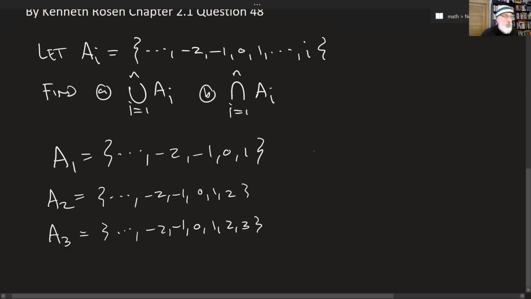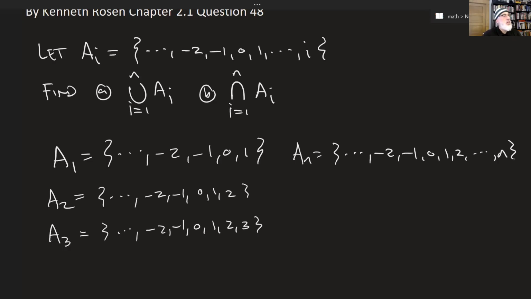And this pattern repeats for all n's until we get to the set, again, all negative integers, and then we're going to count up till n, and then the set terminates. So we can write out as many of these as we want, A sub 1, 2, 3, 4, 5, 6, 7, however many you need to get a sense of what is happening to these A sub i's.